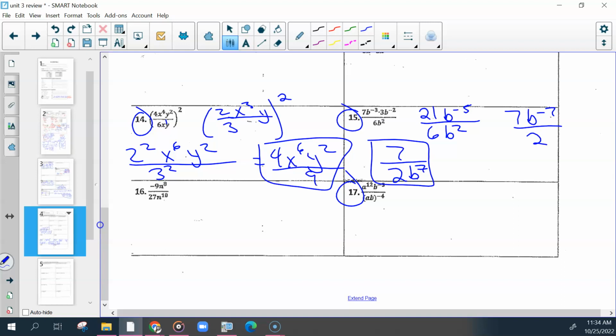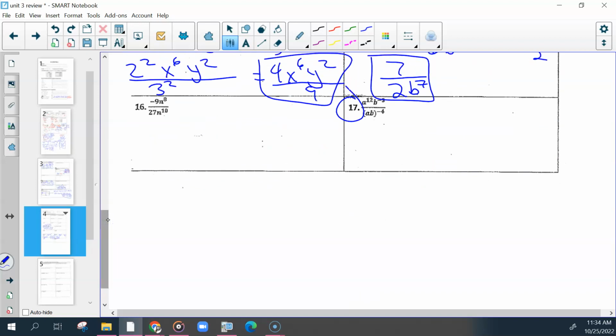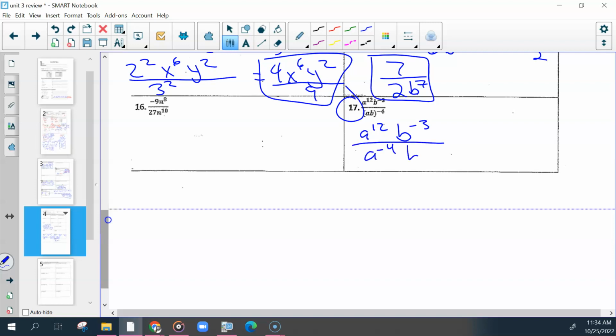And then this last one is similar to one we did on the front page, where you can either take this and flip it up and deal with it that way, or go ahead and deal with the negative exponent, make each of these a negative exponent, so a to the 12, b to the negative 3, a to the negative 4, b to the negative 4. Subtract your exponents.